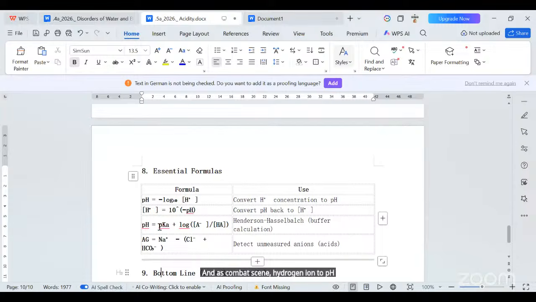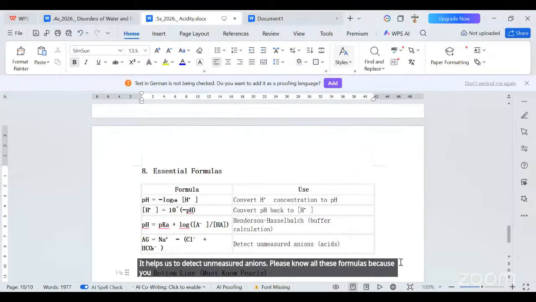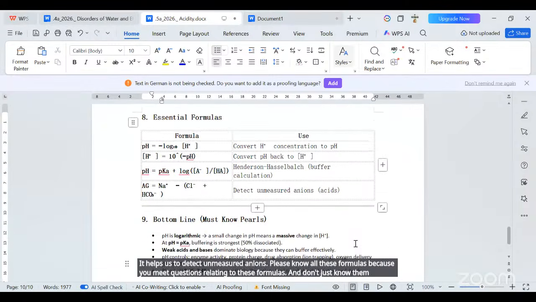We have pH equals pKa plus logarithm of base over acid, the Henderson-Hasselbalch equation for calculating buffer. And we have the AG, what's AG again? Anion gap. It helps us to detect unmeasured anions. Please know all these formulas because you will meet questions relating to them. And don't just know them, also work questions on them.